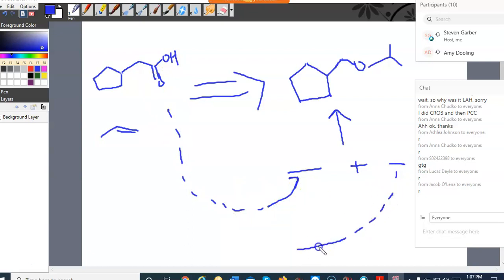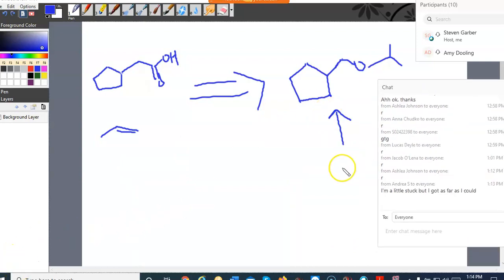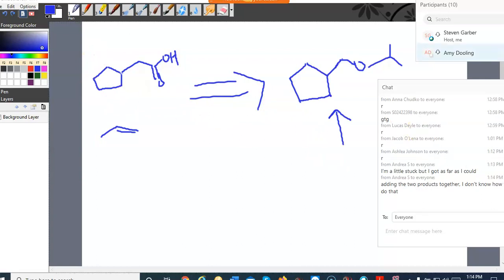And then this one, you'll go backwards and show me how to go from that compound. Does that make sense? There are two different compounds. You build them up in a certain way, and at the end you put the two compounds together to form the final compound. So I'll let you work on that. Remember, always do the last step first.